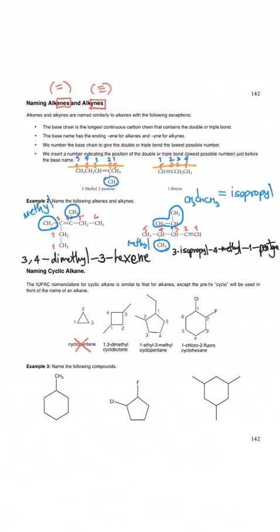Therefore, in this case, the name would be cyclo, because cyclo describes that this is a ring structure, and because there are 3 carbons, that would be pro, and there is no double bond, so it would be a type of alkane, so it would be cyclopropane. Note that the name given here is incorrect, so you need to cross it out. The correct one would be cyclopropane here.